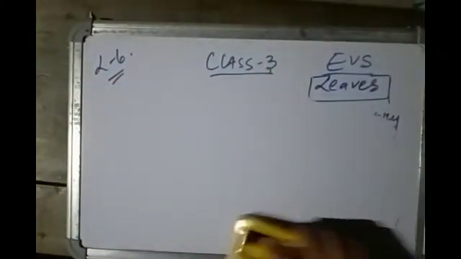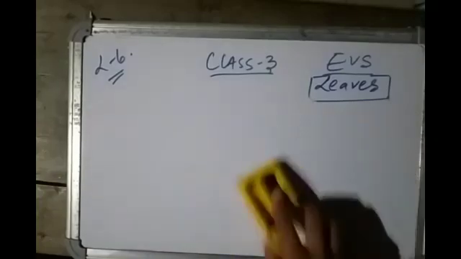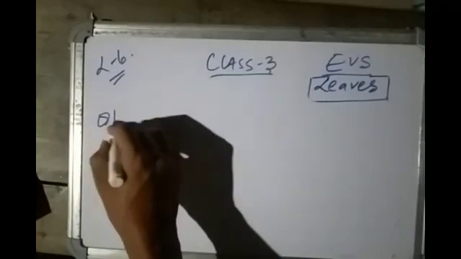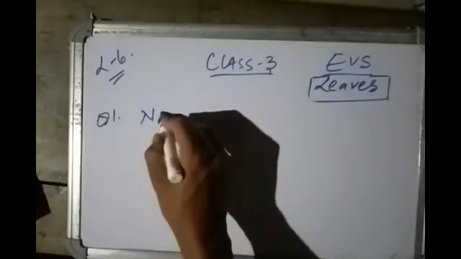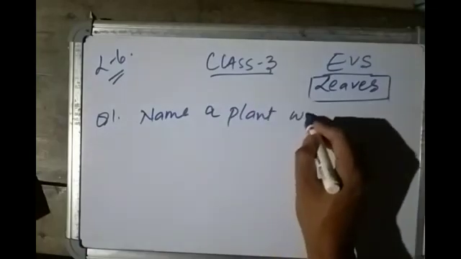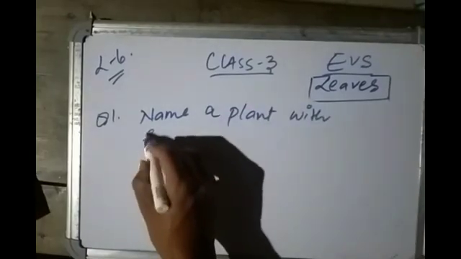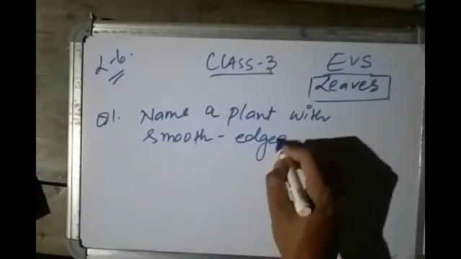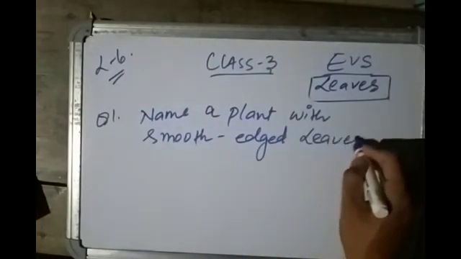Now I will write down some questions which will help you to evaluate yourself. So for evaluation, I'm going to write 2 questions. Question number 1: name a plant with smooth edge leaves.